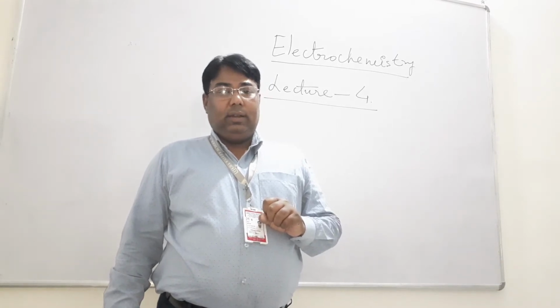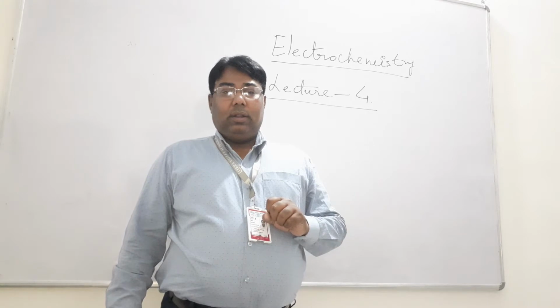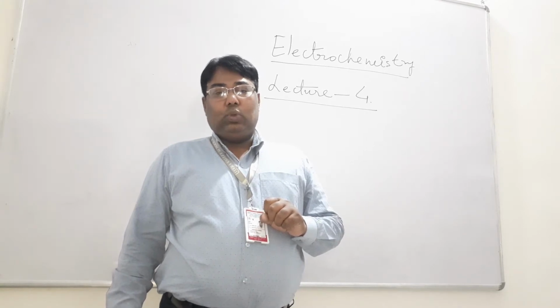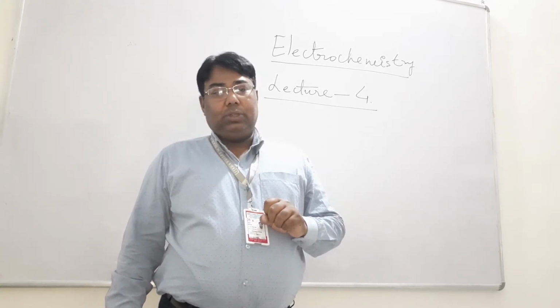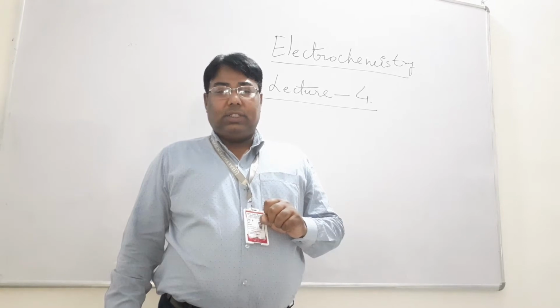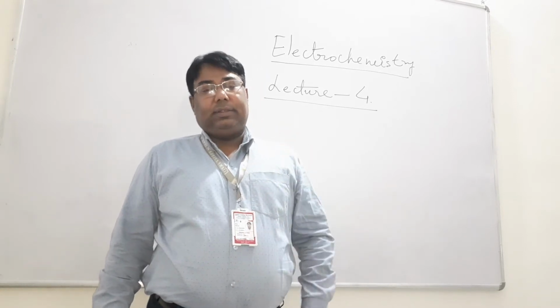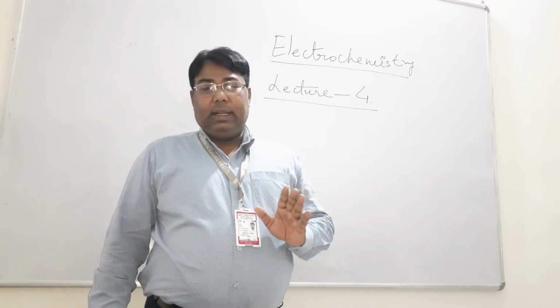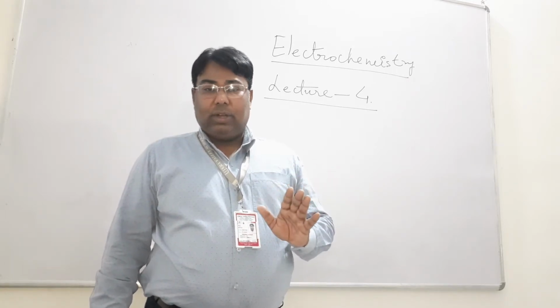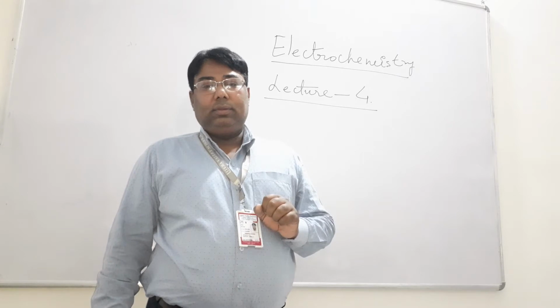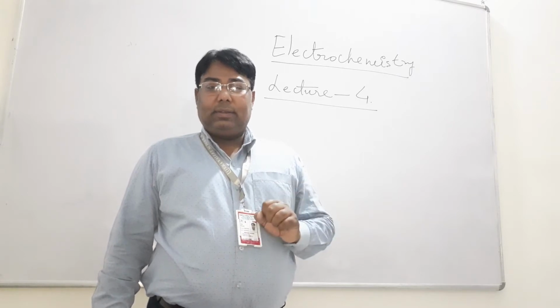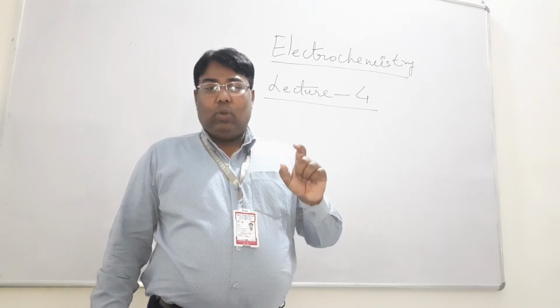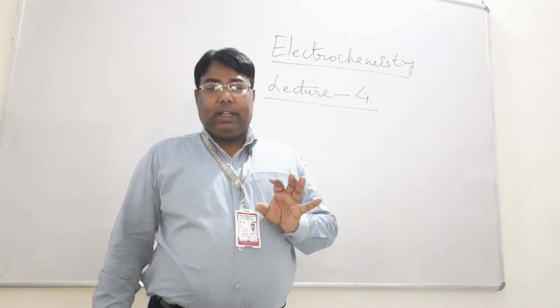Galvanic cells are built up in two separate chambers in which oxidation and reduction take place separately. The chamber containing the zinc rod and its electrolyte, zinc sulfate solution, acts as the anode because oxidation takes place.